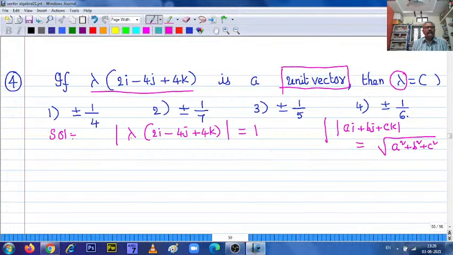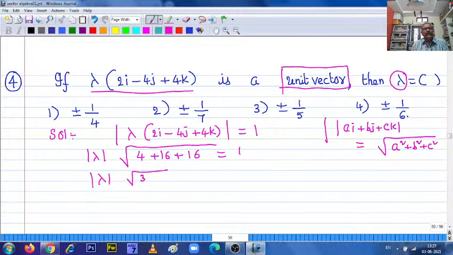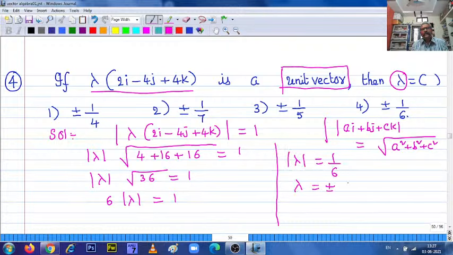So now the modulus of this one is mod of lambda root of 2 square 4, minus 4 square 16, 4 square is 16, equals to 1. This is mod lambda root 36 equals to 1. This is 6 mod lambda is equal to 1. So mod lambda is equal to 1 upon 6. Remove the mod. Lambda is equal to plus or minus 1 upon 6. This is the answer.